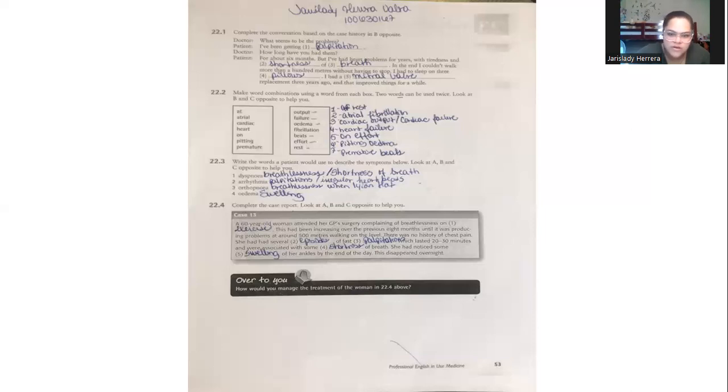There was no history of chest pain. She had several episodes of fast palpitation which lasted 20 or 30 minutes and were associated with some shortness of breath. She had noticed some swelling of her ankles by the end of the day. These disappeared overnight.